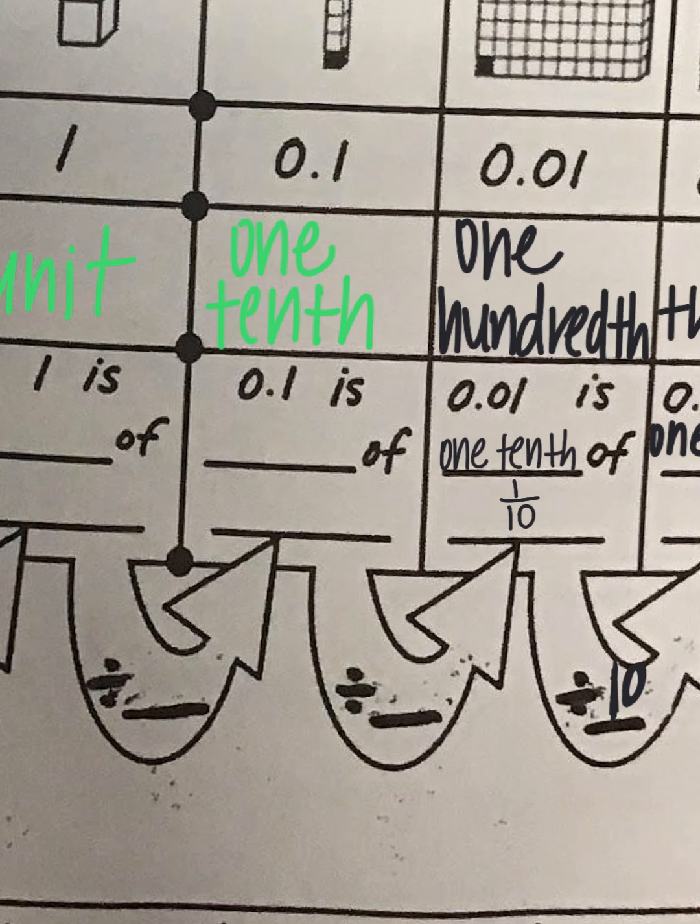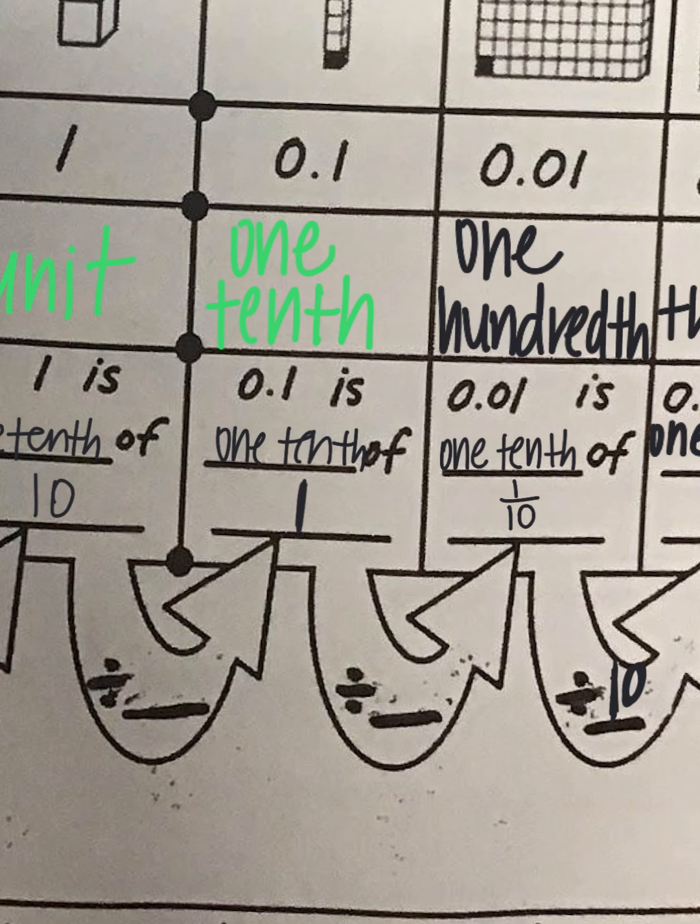All right, so if I'm moving from the tenths place to the hundredths place, 1/10 is 1/10 of 1. Very good. If I'm looking at the one whole, the ones place, 1 is 1/10 of 10.